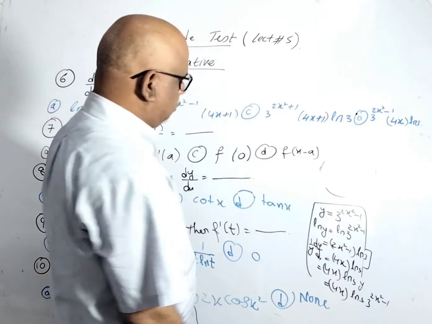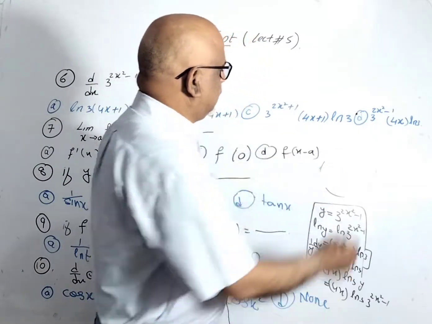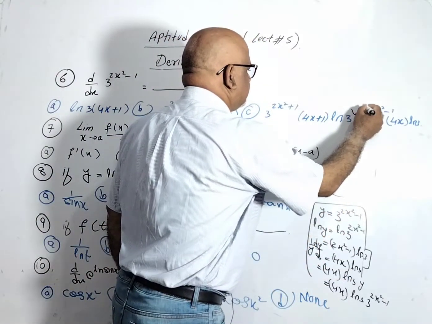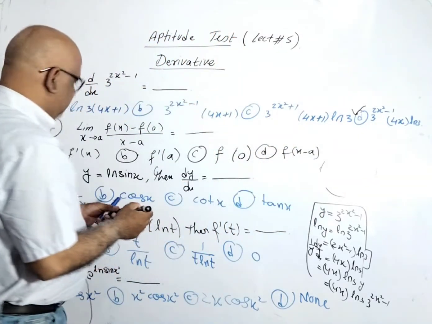So the D option is correct for the sixth MCQ.